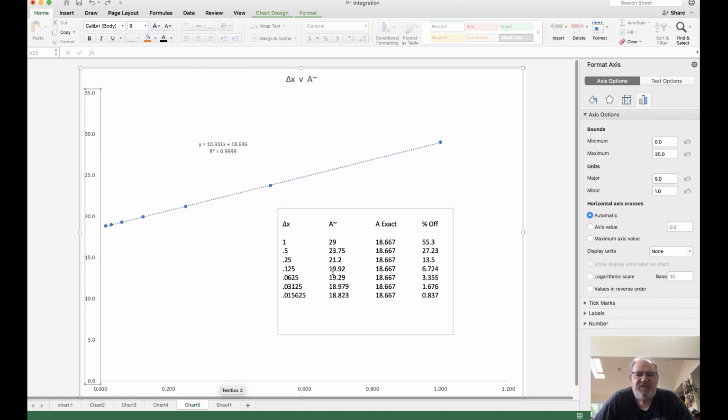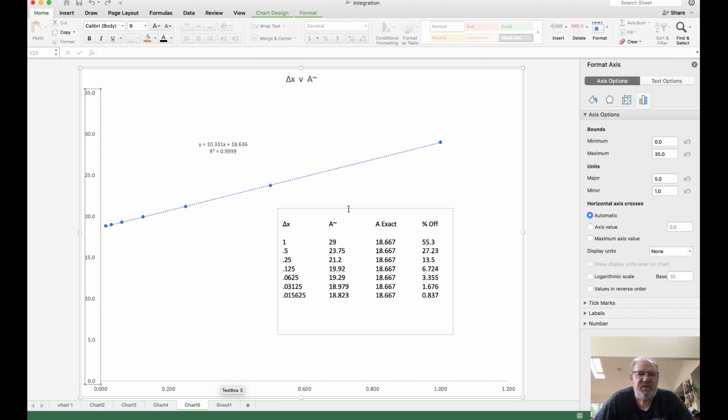And here I have a table on this chart that shows the delta x, the approximate areas, starting out with delta x equals 1, and this is x exact, and I've done a comparison of the exact area compared to the different delta x's. As you can see, as delta x gets smaller and smaller, the area becomes closer and closer.